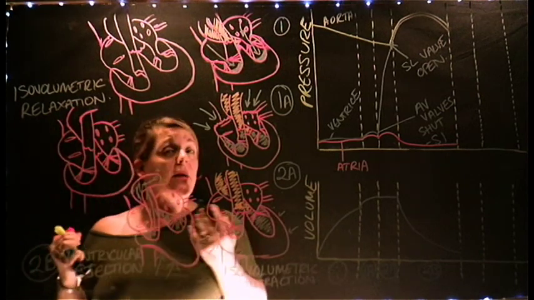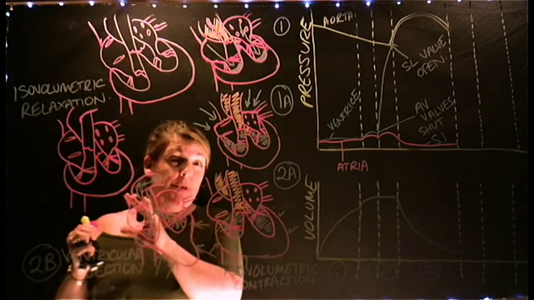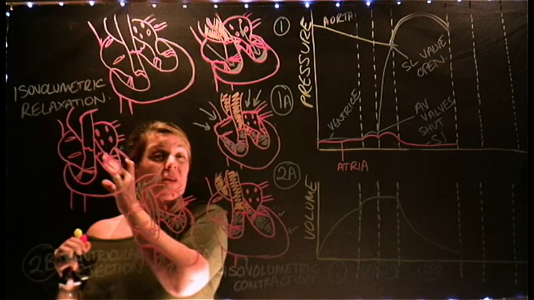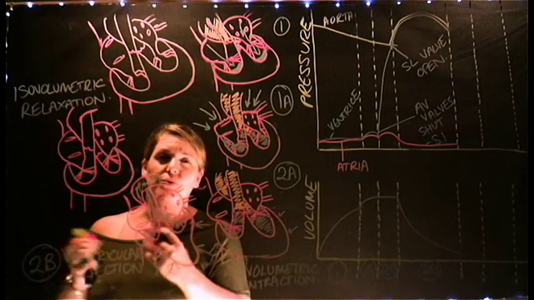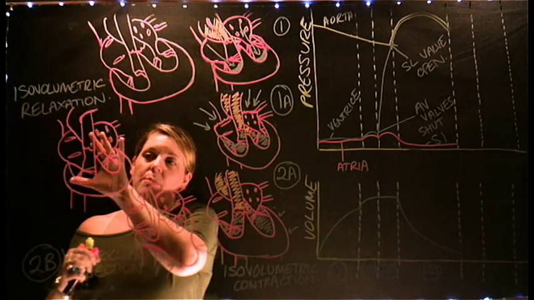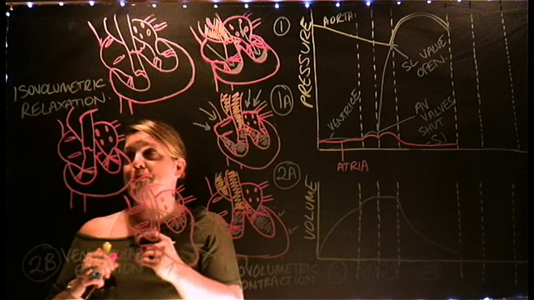And the key here is what is happening with the valves. It's actually the changes in the pressure within the ventricles and then the closing of the semilunar valves that really distinguishes this part of ventricular diastole from the next part.